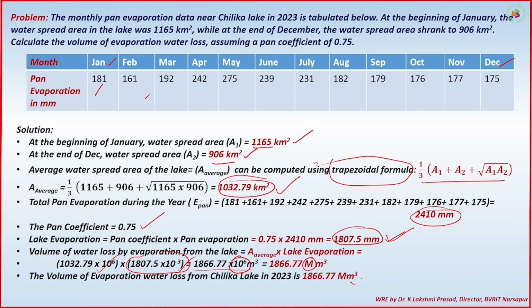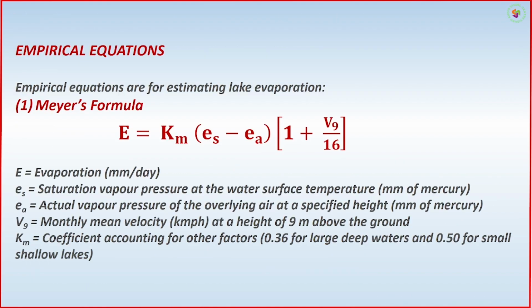So this is the answer. Evaporation data is given, we converted it into evaporation depth, then from there we calculated the lake evaporation. Then we calculated the average water spread area. Multiplying both, we got the volume of evaporation.